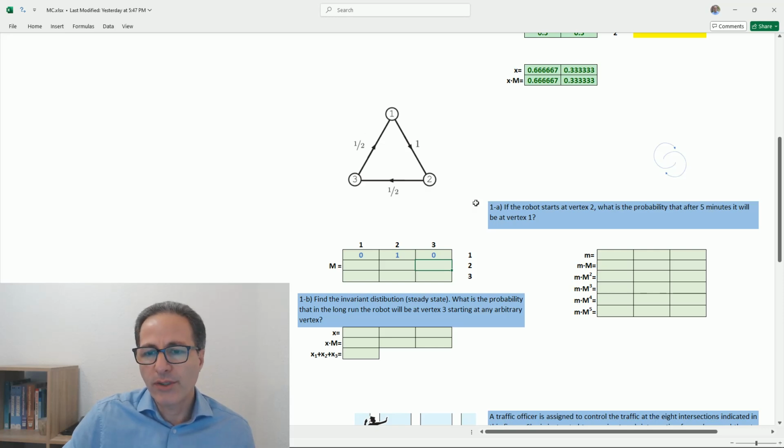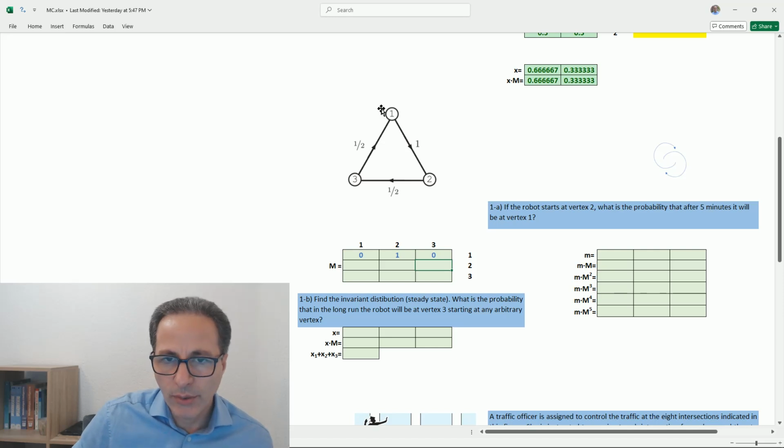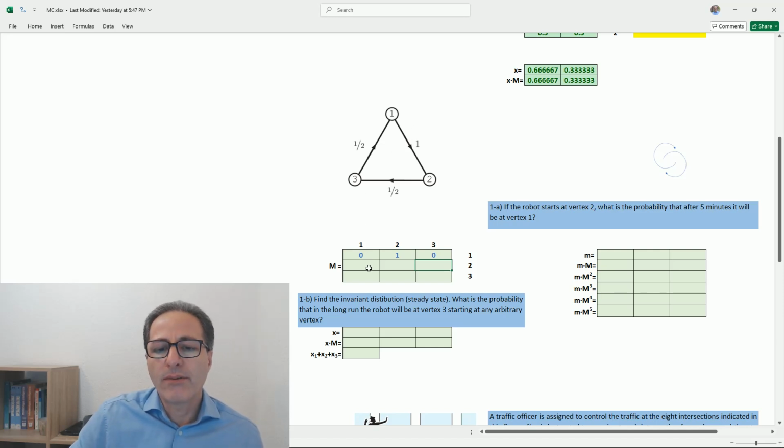So this information is given to the robot, and it moves around, and we want to find out, for example, after 10 minutes, after 2 hours, if it starts from 1, it's going to be at what vertex or by what probability. It can be again at the same vertex 1 or another vertex. We will see the type of questions. For now, we are just looking at the graph and writing the transition matrix.